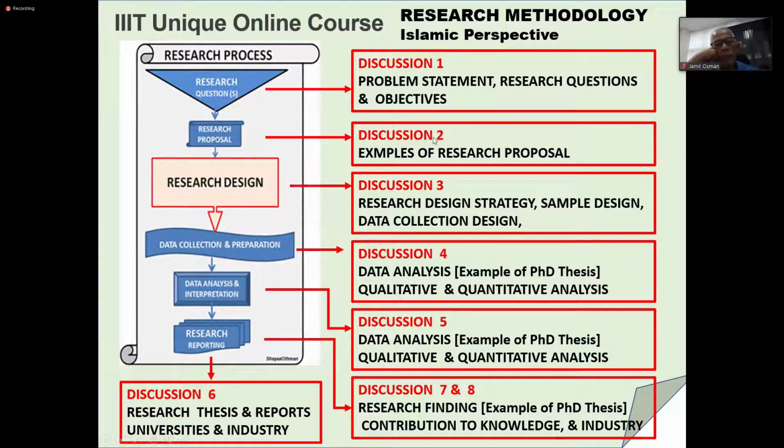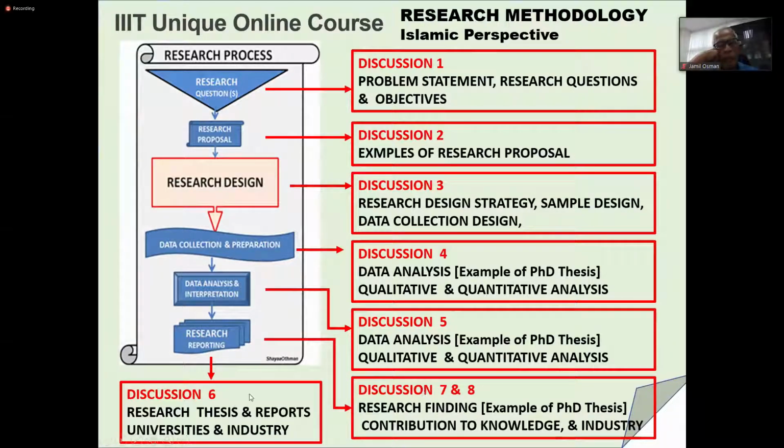And so we have discussion 2, example, research proposal. We have discussed research design strategy and sample design. We have touched on analysis, examples of PhD analysis, both qualitative and quantitative, and how these analyses are carried out.